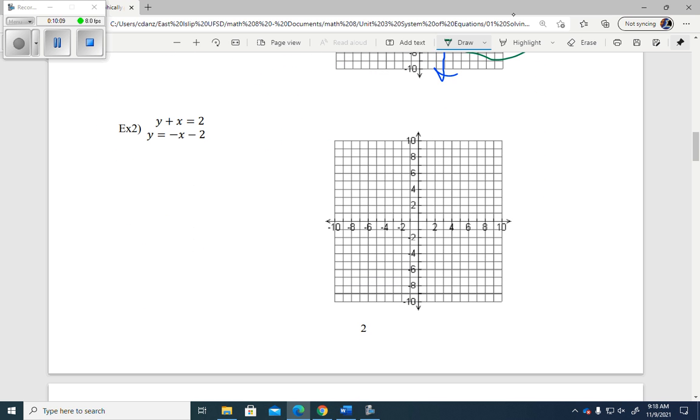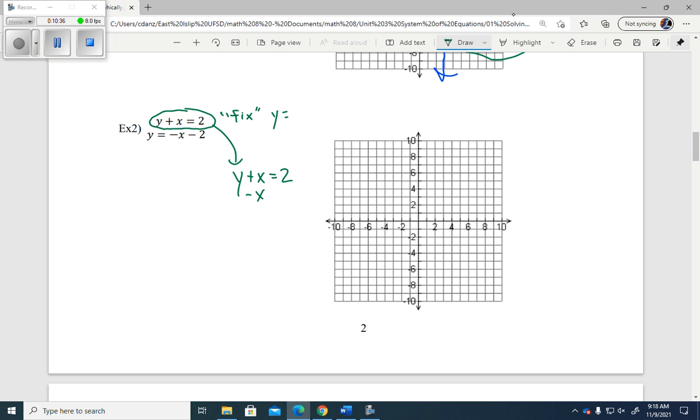Example 2. So something I notice about example 2 is that this first equation needs to be fixed. I'm putting it in quotes. What do I mean by fix it? I need it in y equals form. So I'm going to come over here and I'm going to get it into y equals form. I need to keep the y there. I have to get rid of the plus x.